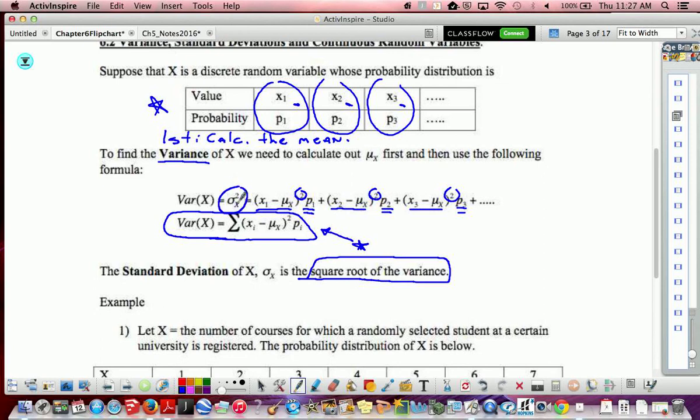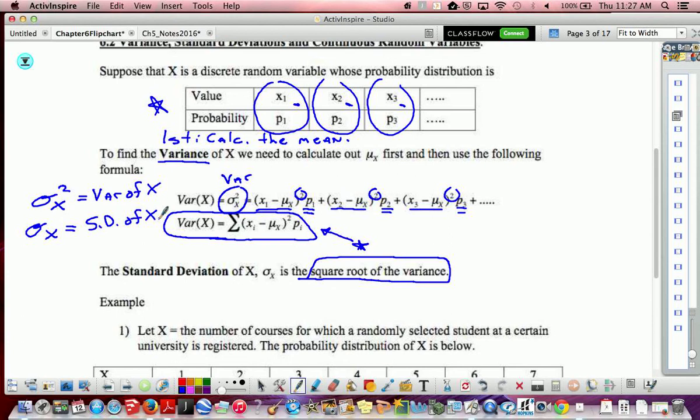Sigma is standard deviation, but squared, this is variance. So if you see sigma of x squared, that means variance of x. But sigma of x is equal to the standard deviation of x. So knowing what those symbols represent is important.